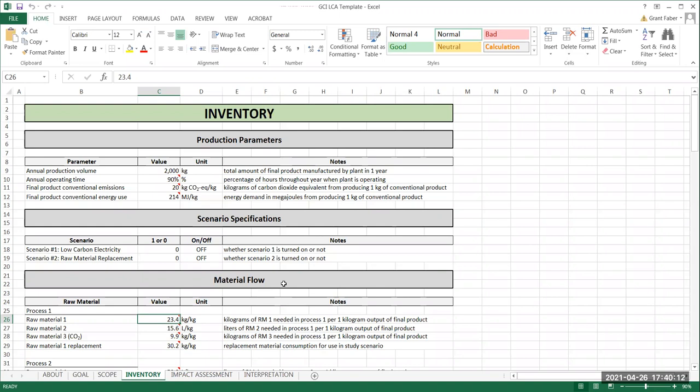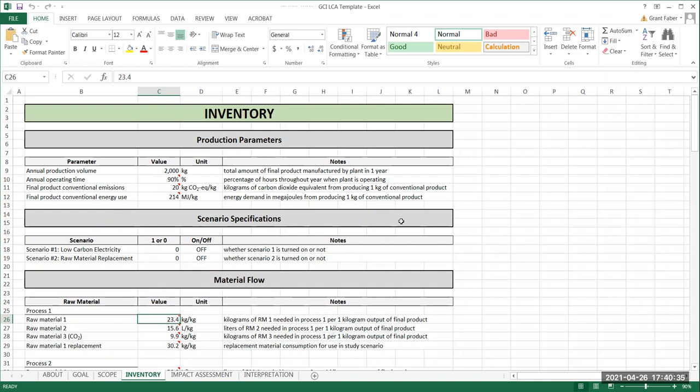If someone is going to change this input data, it's preferable that they don't disrupt the model in that kind of way. So it's good to separate out the actual, basic numeric inputs into the model from further kinds of calculations, which are included in a separate section, the impact assessment worksheet, which I'll talk about shortly.